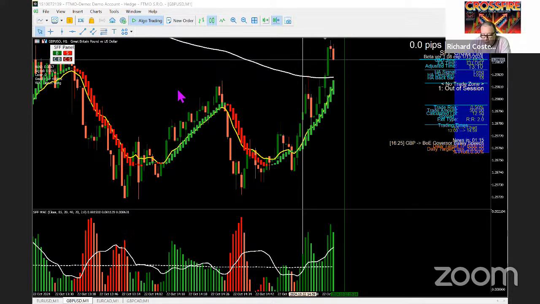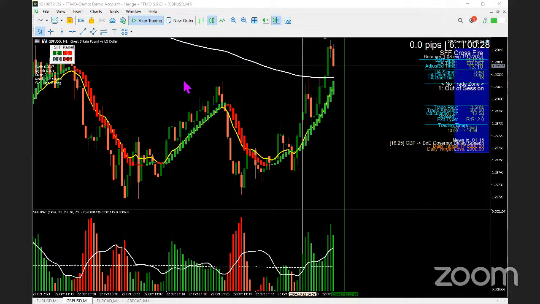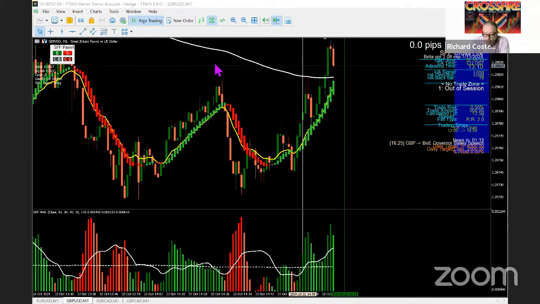So that will go up to 8 pips. So I don't need to put my stop loss and take profit in, because the trading assistant already knows what I want to risk in each trade, and what I want to gain.